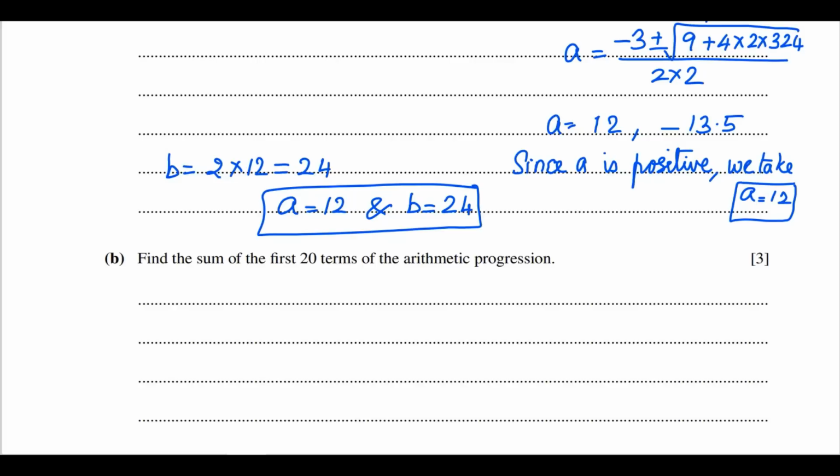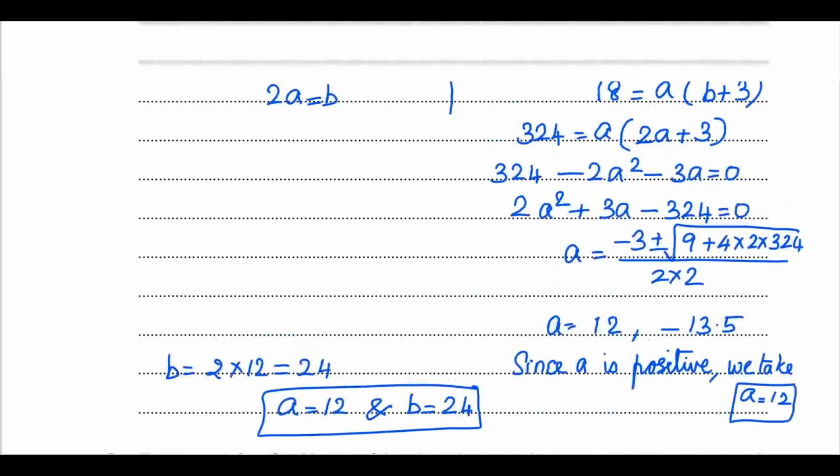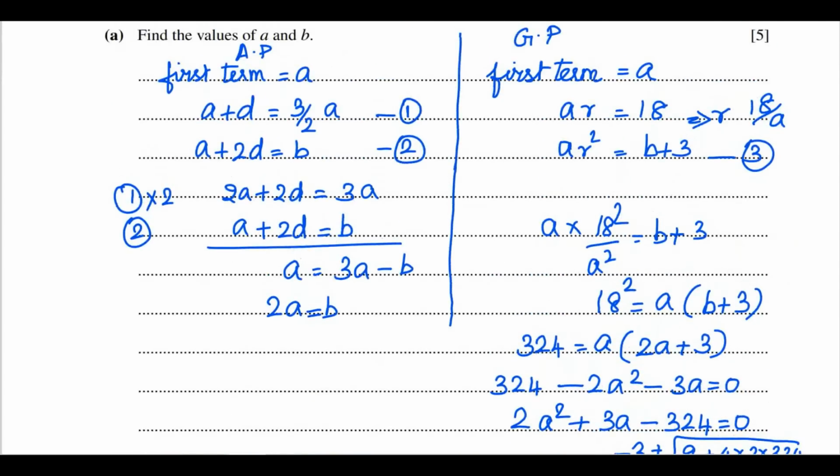Okay. So the formula is S20 equal to N divided by 2 multiplied by 2A plus N minus 1 multiplied by D. So here we know the value of A, we have to find out the value of D. So from equation 1, we will find out the D value.